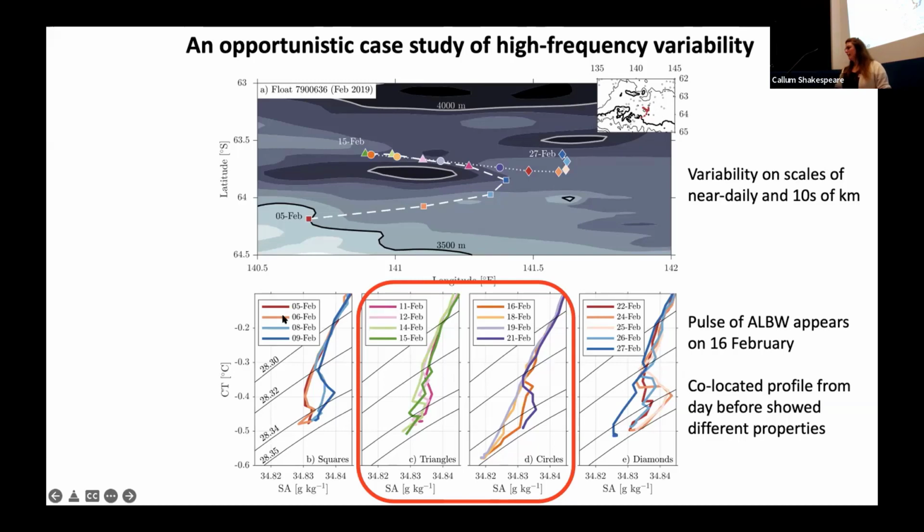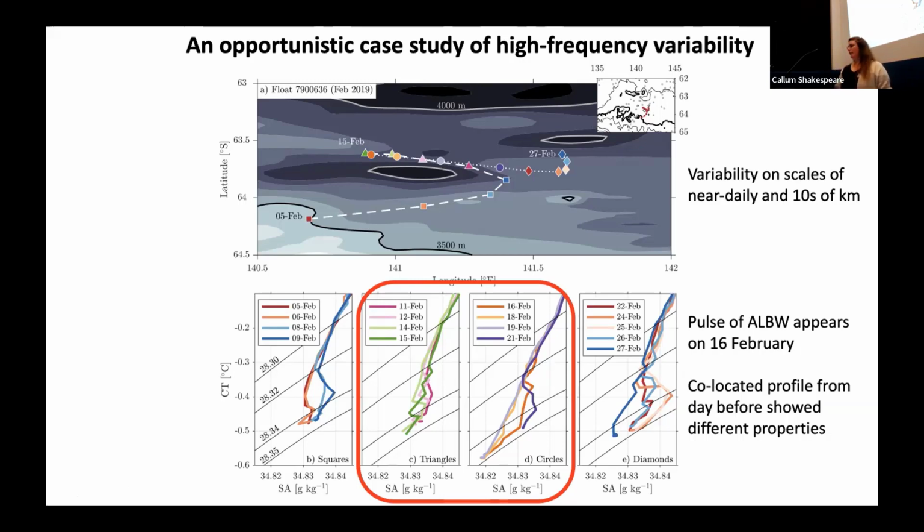So here in this green, can you see my pointer on here? Yeah, okay. Here in this green is right before the float turns around. And you can see that it had a minimum temperature of about -0.5 and a minimum salinity of about 34.83.